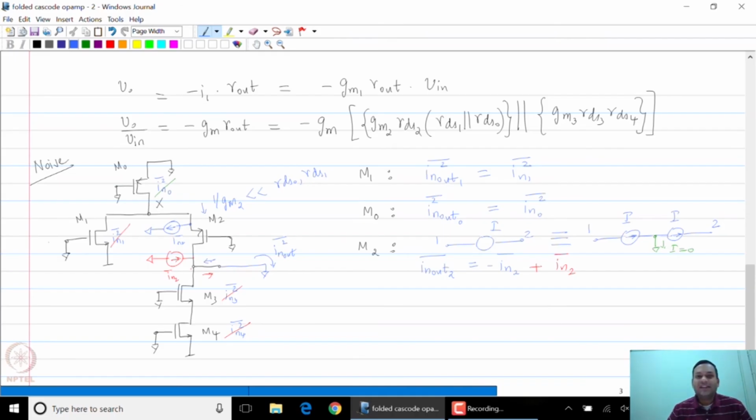As you can see, these two current sources are equal and opposite, and therefore this current is going to be 0. As you can see, there is clearly no noise generated from M2 at the output. And this we have seen before even for the regular cascode when we analyzed the noise for the telescopic op-amp. You do not expect noise from the common gate structure, especially at low frequencies.